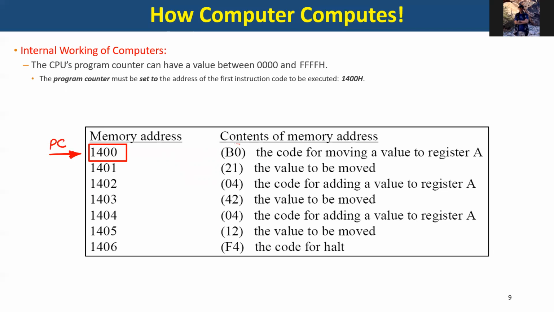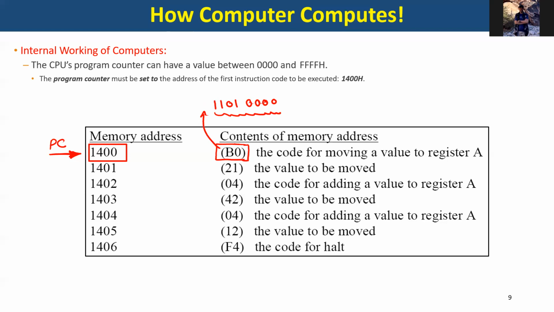So in the beginning, the processor will fetch this code B0. B is, I think, 1011, and the 0 is of course 0000. So it will bring something like this to the processor. This means move some number to A.